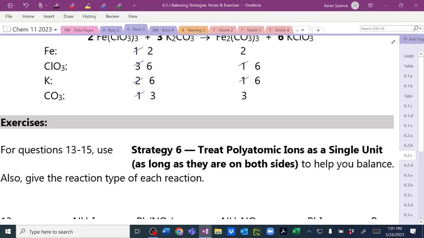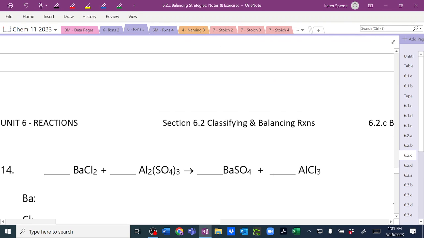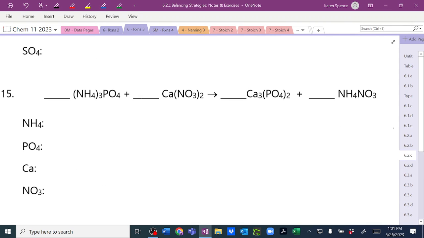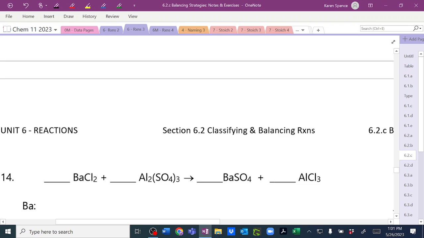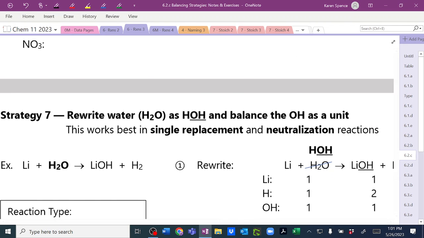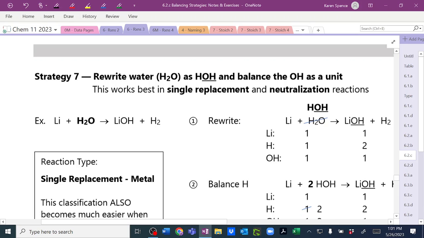All right, strategy 6. I think we have a strategy 7 coming up. Yep, strategy 7 is on page 35. This strategy works best with single replacement reactions and with neutralization reactions.